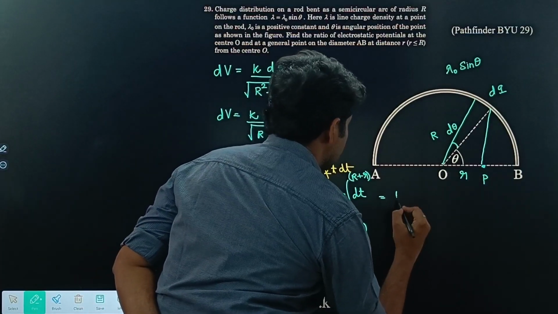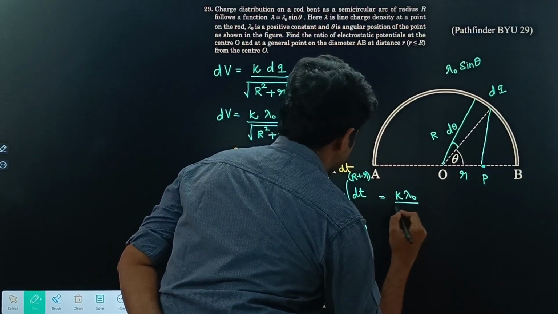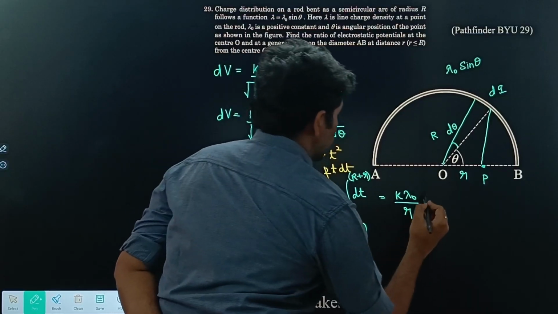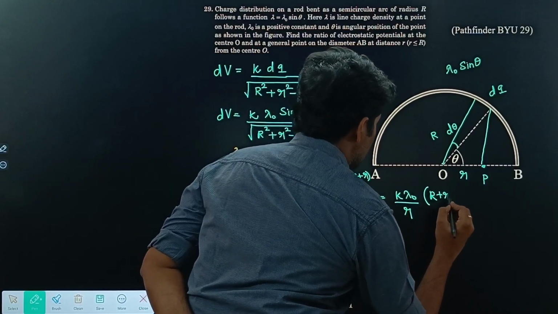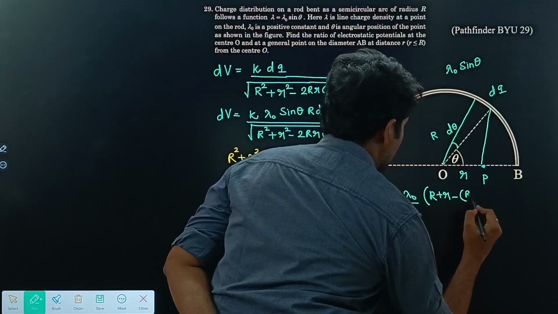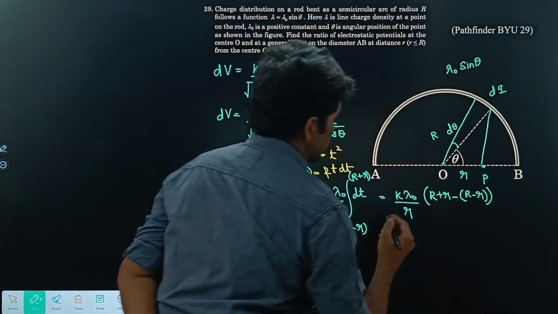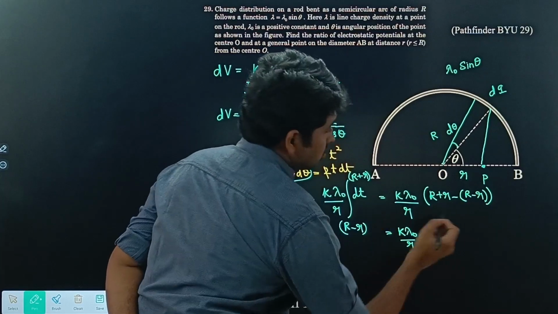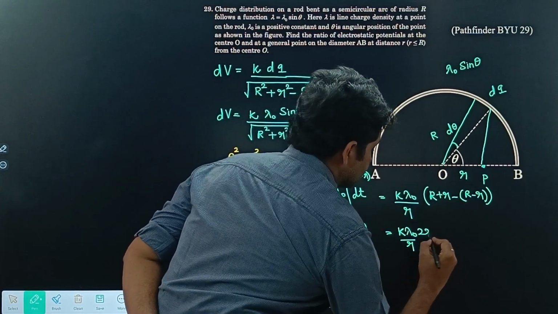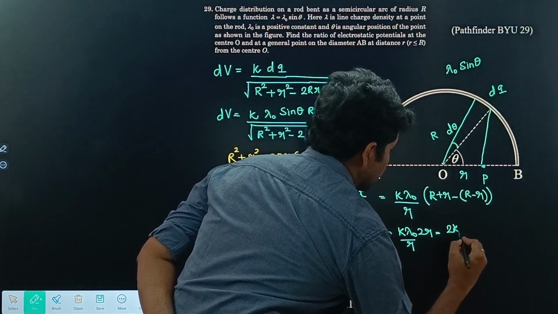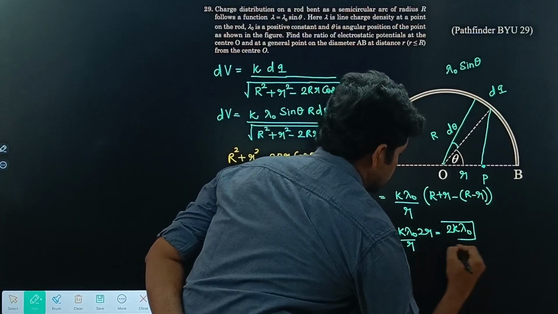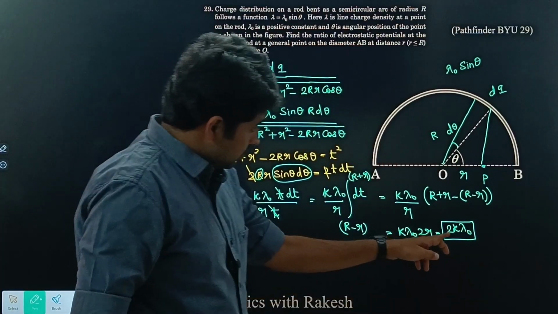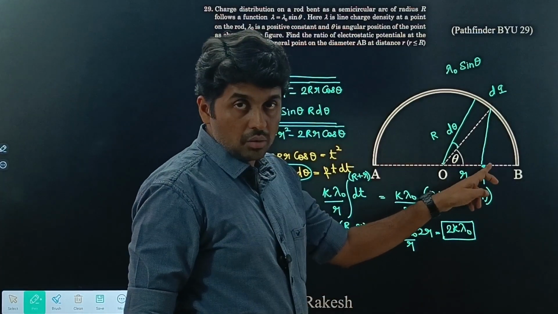So what will this become? k lambda naught divided by r into r plus r minus r minus r. That is k lambda naught by r times 2r, so that is 2k lambda naught. So this is the potential at a general point.